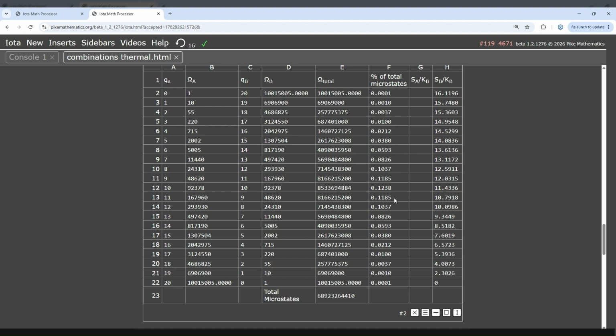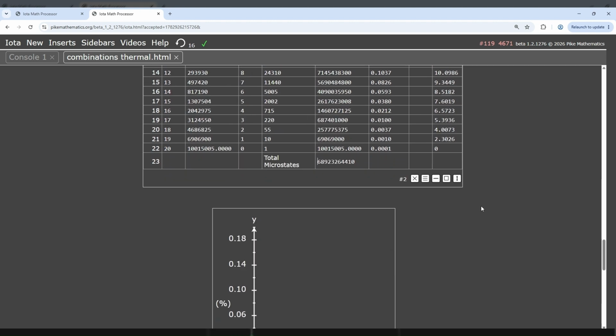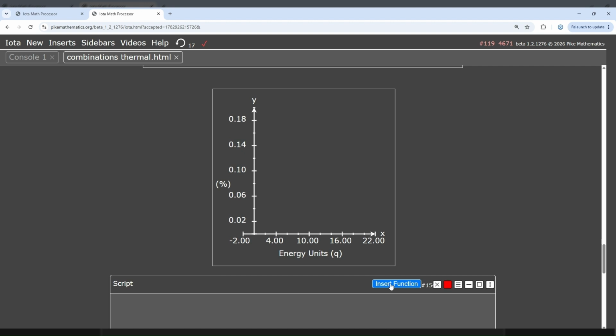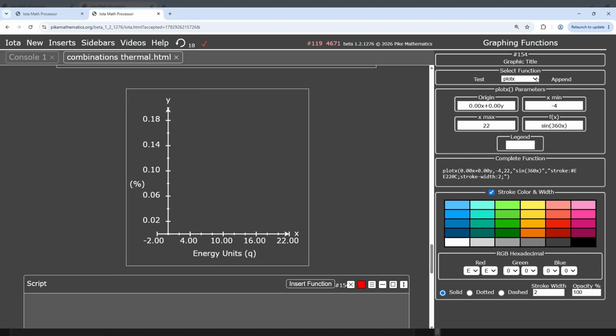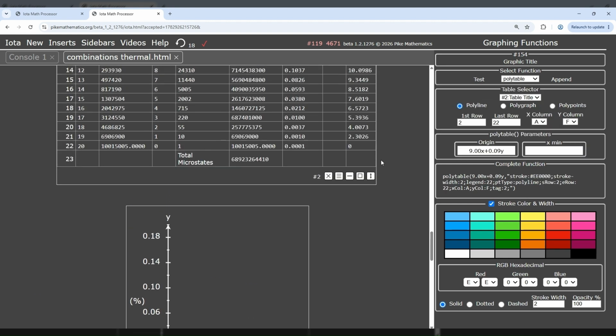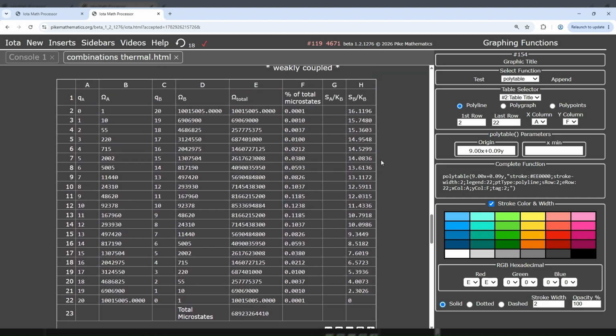Let's go ahead. We have a function in Iota that will graph data from tables. So we're going to do that. I've already created a grid here. All I need to do is hit insert function, and I want to use this poly table function right here. What I need to do is tell it what information to graph, and already it's looking at row 2 through row 22.